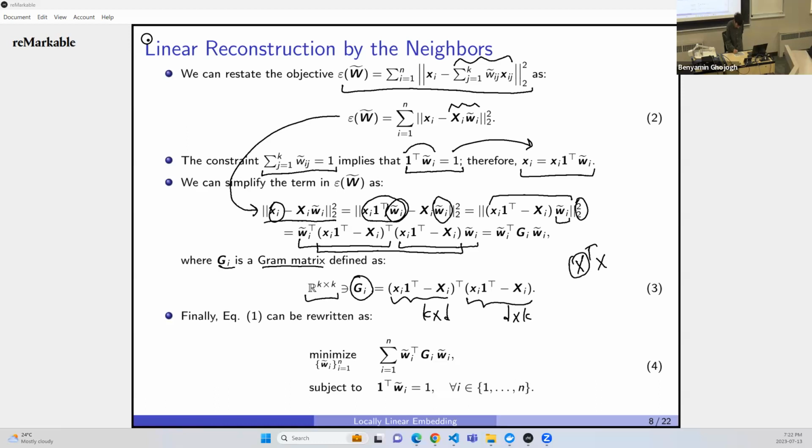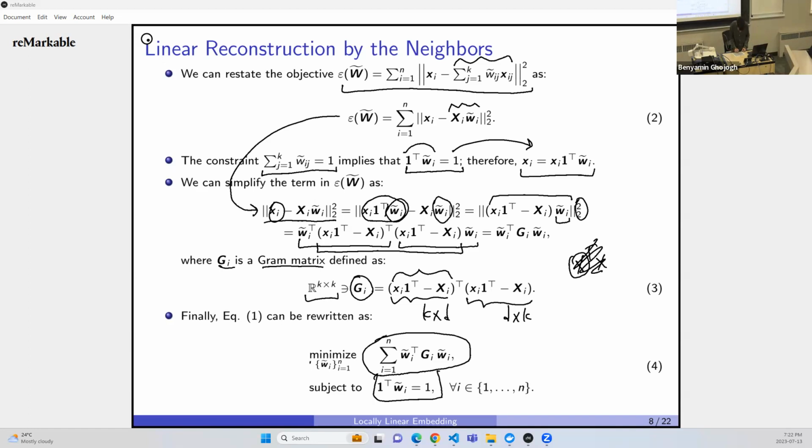Now replace x with what you have here. So it's kind of a kernel between xi transpose minus xi and xi and itself, right? Okay, so I simplified the cost to be this. Also, I wrote the constraint in the vector form or matrix form.